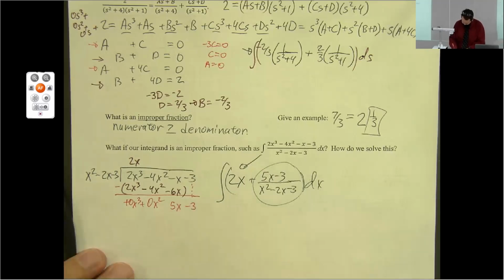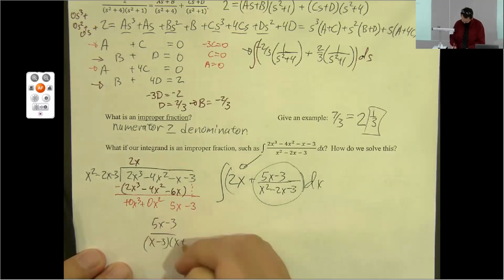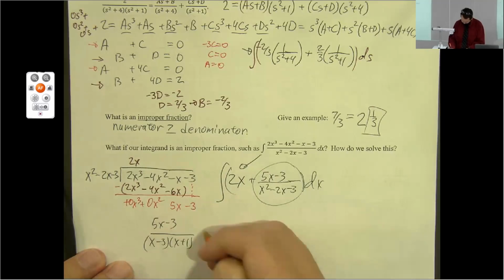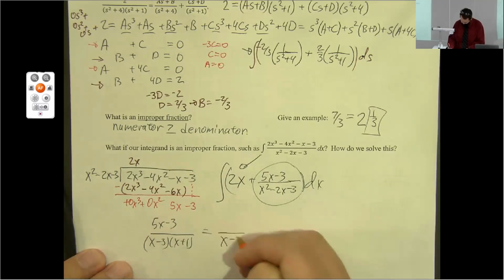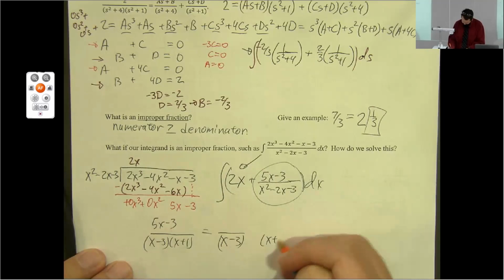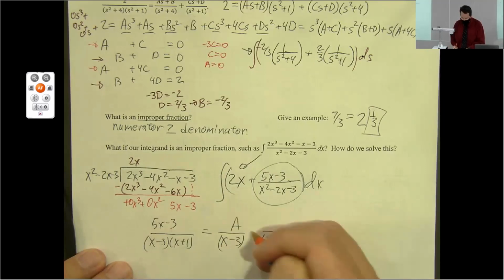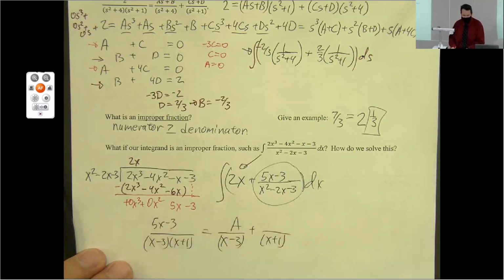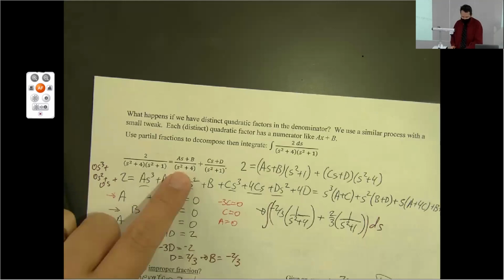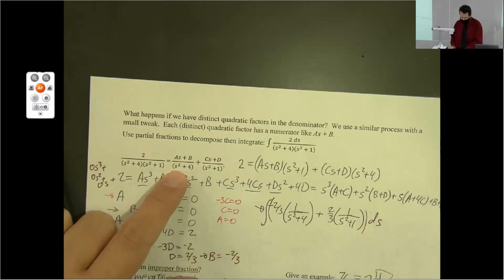So we've got 5x minus 3 over x minus 3 times x plus 1. Oddly enough, that's going to break down into x minus 3 and x plus 1, and those are linear factors. So what's going to go in the top? Constants. When we had quadratic factors, degree 2 factors, what goes in the top? One less degree.